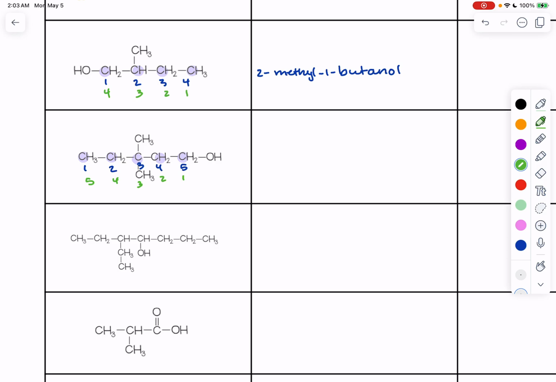Blue or green? If you said green, you are correct. And this is 5, so that's pentanol. And that would be 1-pentanol. And on the third carbon, we have a methyl group, so 3-methyl-1-pentanol.